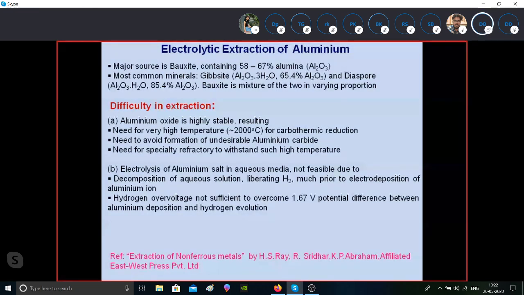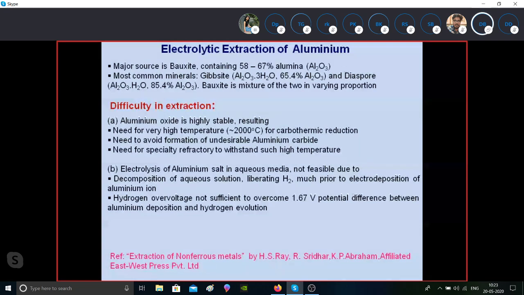But this is not feasible because the decomposition voltage of alumina is higher than that of water, H2O. So much before the alumina gets decomposed, water will get decomposed and start liberating hydrogen. So in fact, we'll be electrolyzing water rather than electrolyzing alumina.